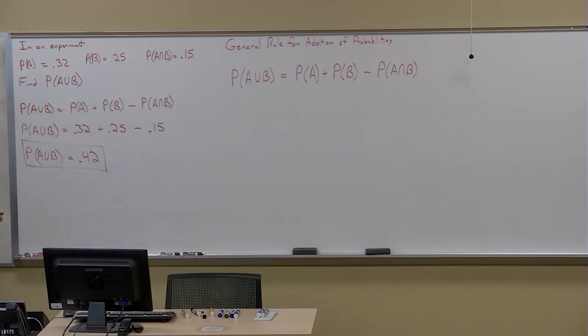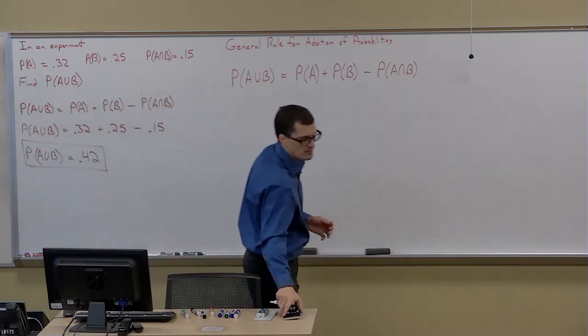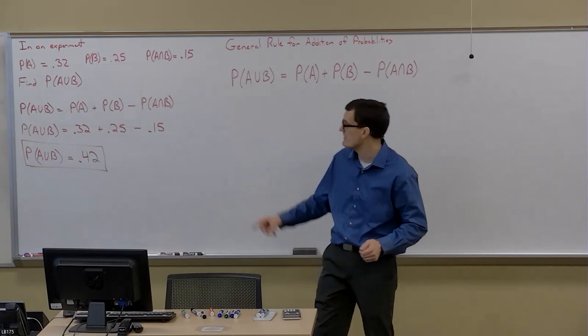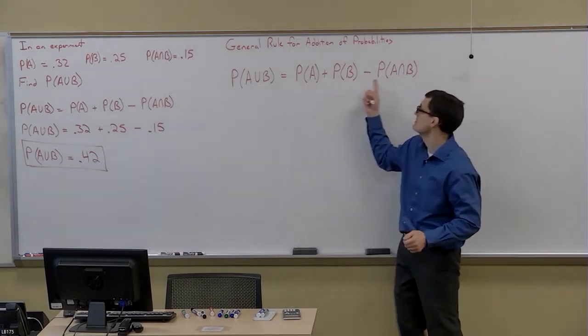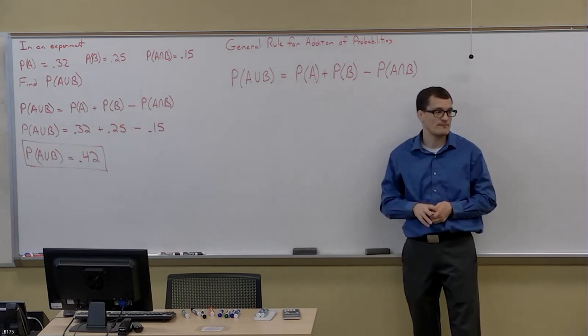Does that make sense? So if we have any probability experiment and we know 3 of these numbers, we can plug those in and find the 4th missing number, in other words.